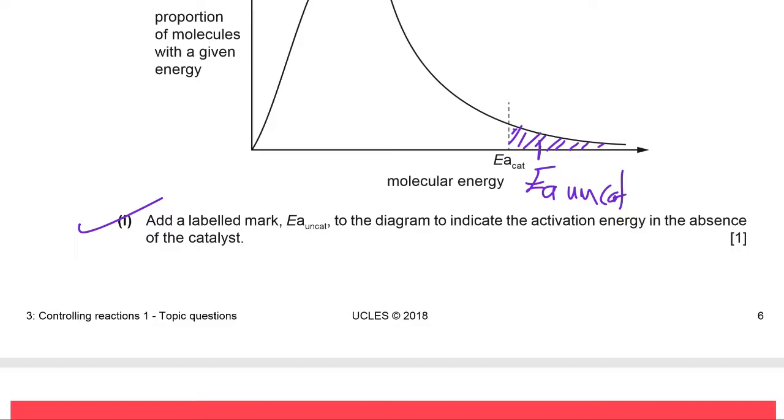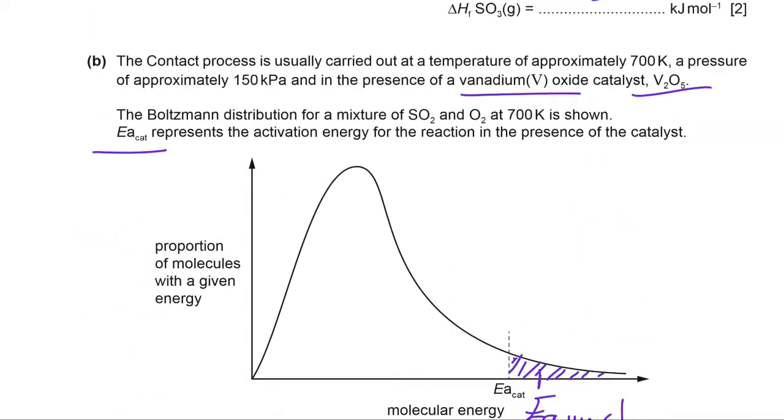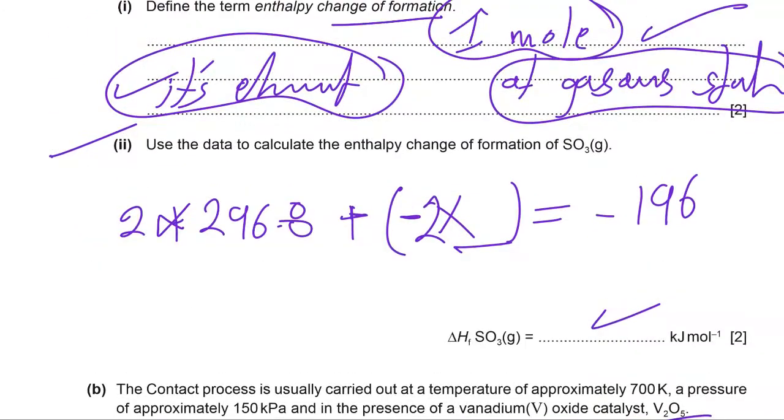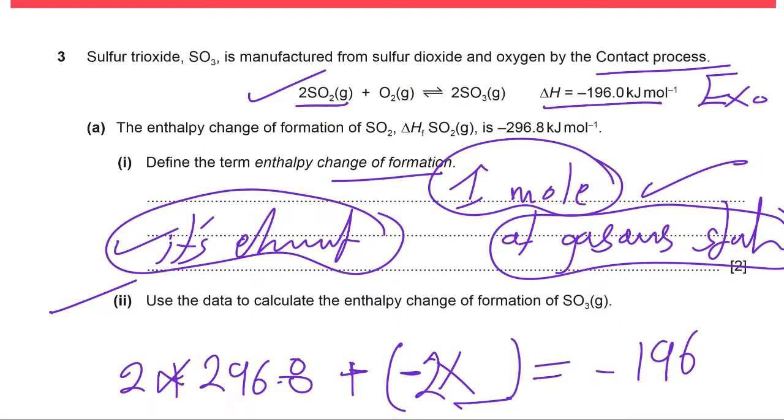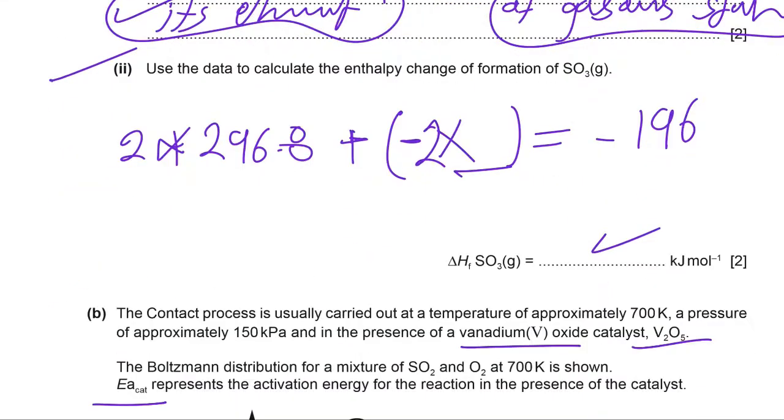So the rate of reaction will be increased as you have more successful collisions. As a result, according to the balanced chemical equation, your reaction will be shifted to the right by producing more SO3, or you can say the percentage yield of SO3 will be increased.